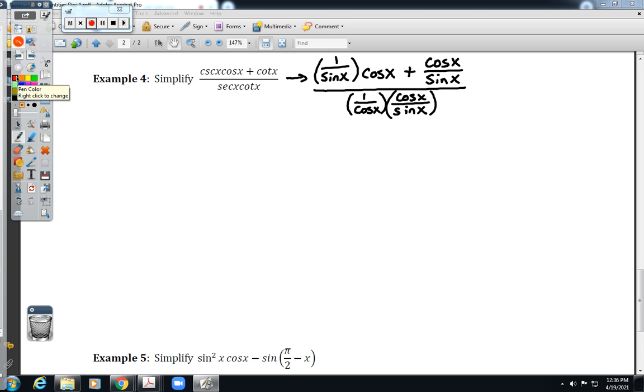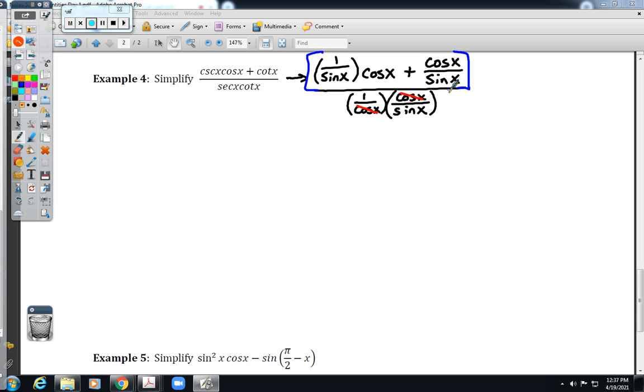Now, from there, we look, does anything cancel? On the denominator, cosine x would cancel, but that's it. Nothing else cancels. Okay? We can't cancel bottom to top yet because there's a plus sign on top, which means we have invisible parentheses protecting the numerator from any canceling.